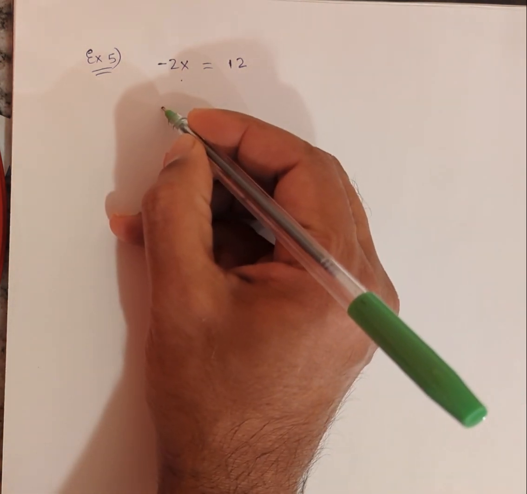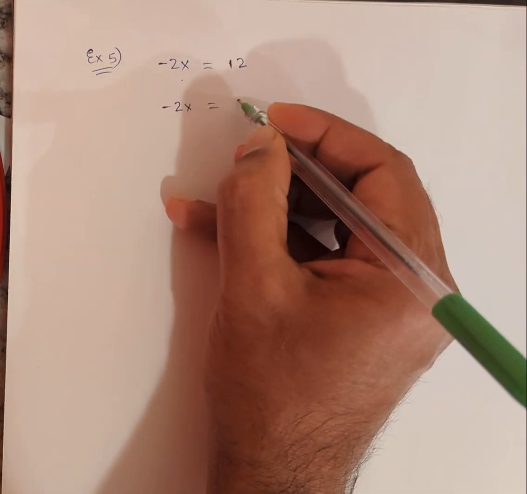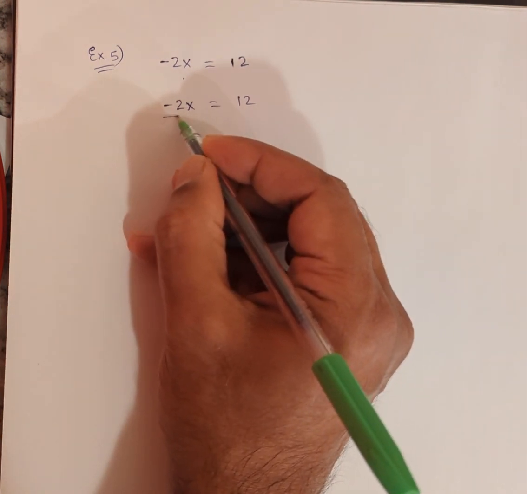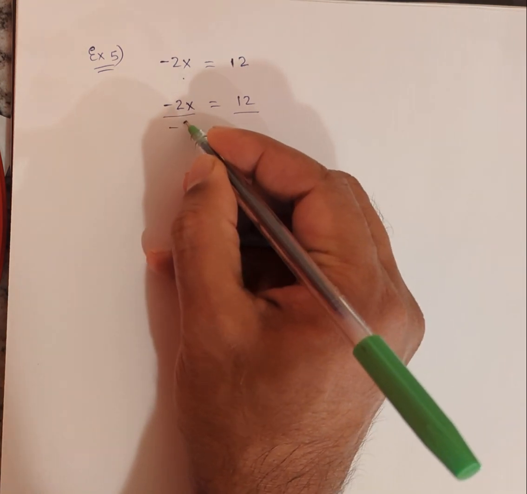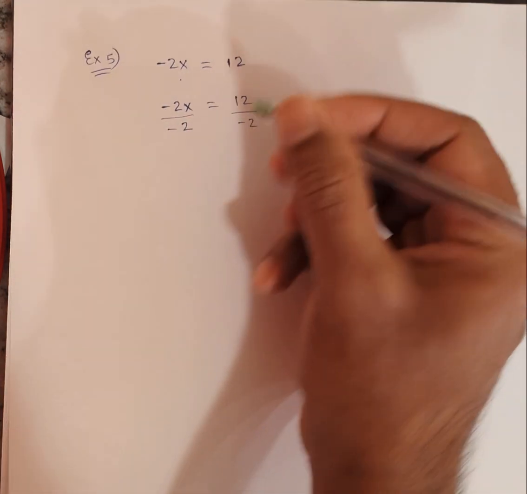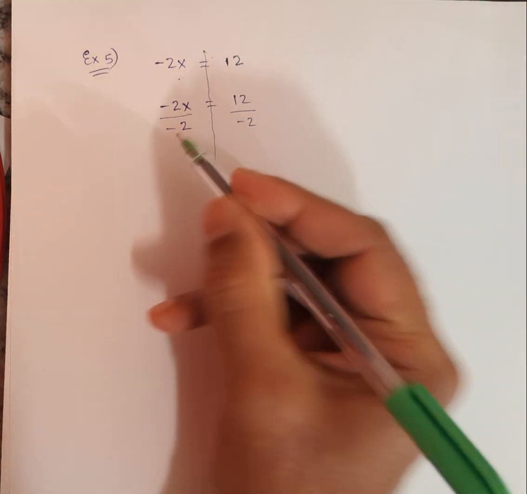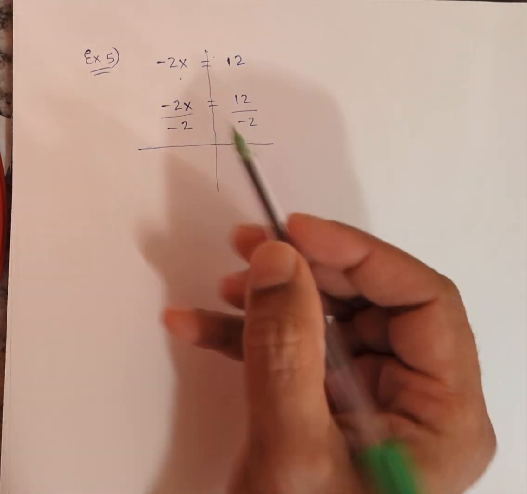Now, what do you divide both sides by? Remember, you've got to get rid of the negative 2. So if you want to get rid of the negative 2, you want to divide both sides by negative 2. Not 2, but negative 2. And let's draw a line through the equal signs to keep our left and right sides.